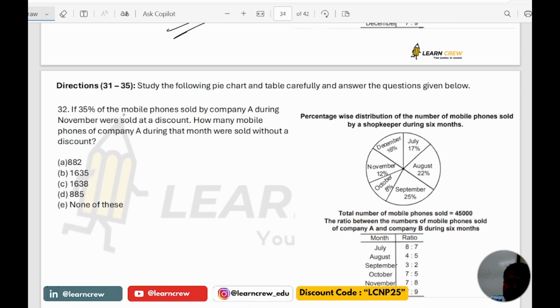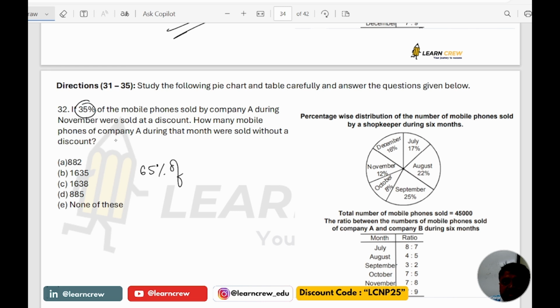If 35% of the mobile phones sold by company A during November were sold at a discount, how many mobile phones of company A during that month were sold without discount? If 35% are sold with discount, the remaining 65% are sold without discount.